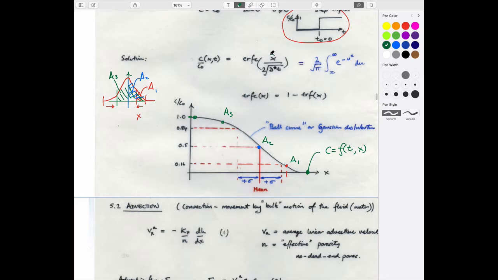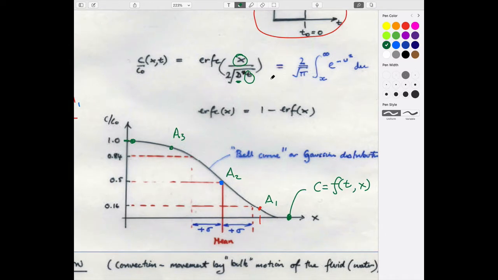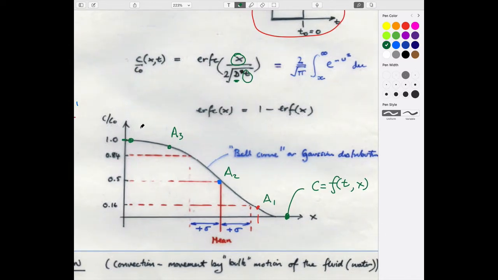It's a function of location downstream, the time when you want to calculate the concentration, and the magnitude of this effective diffusion coefficient. Those are the only things that control it. And so this expression here is what is physically drawn out in the figure at the bottom of the page.